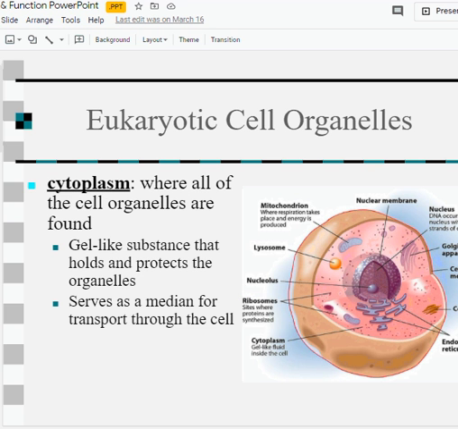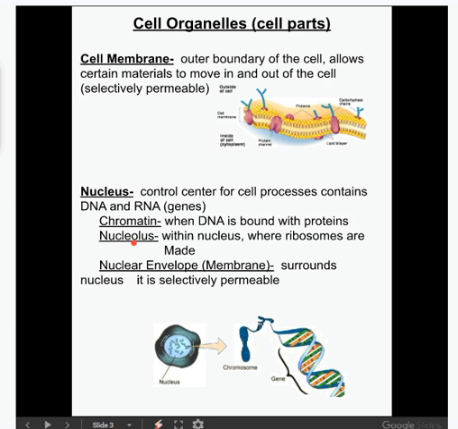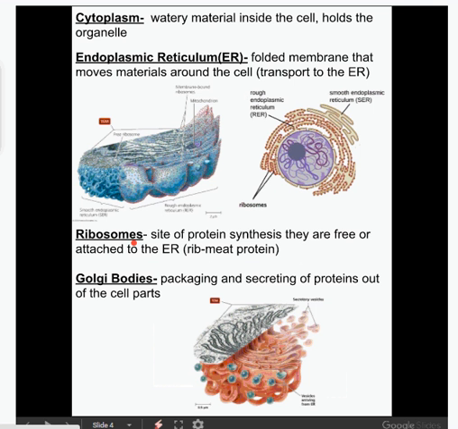Okay, I'm going to go back to our note sheet and we'll head on to the next set of organelles. Cytoplasm is the watery material inside of the cell. It's where many of the chemical reactions occur in the cell. You have membrane-bound endoplasmic reticulum.